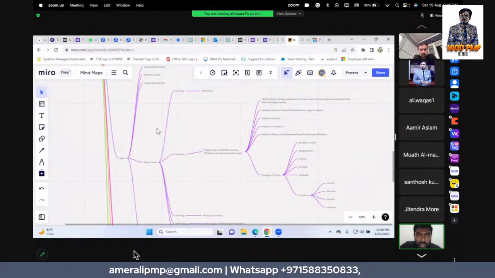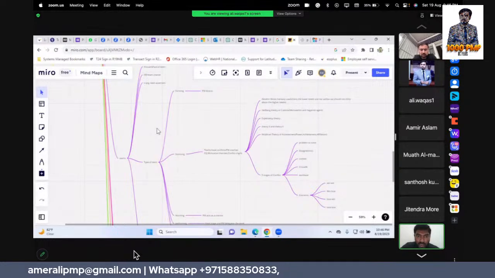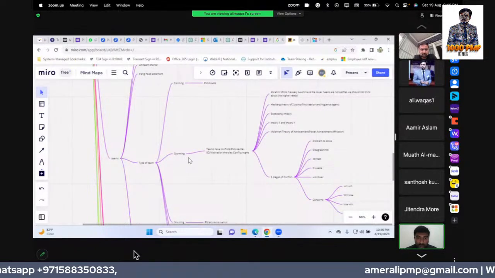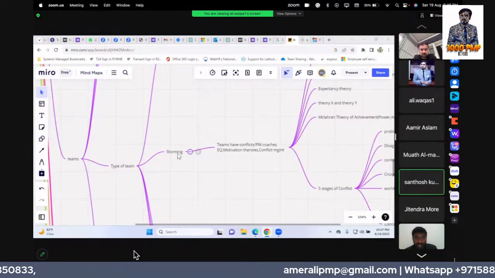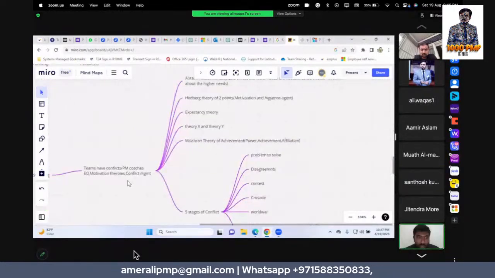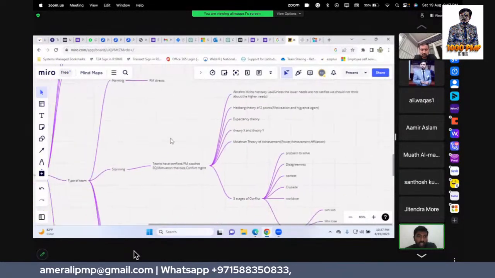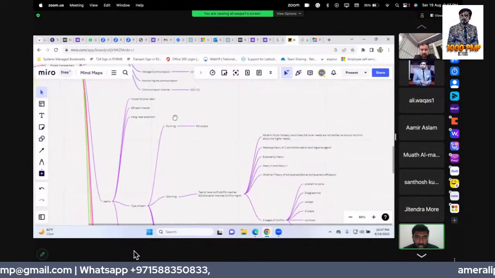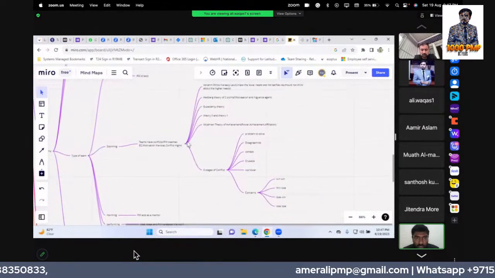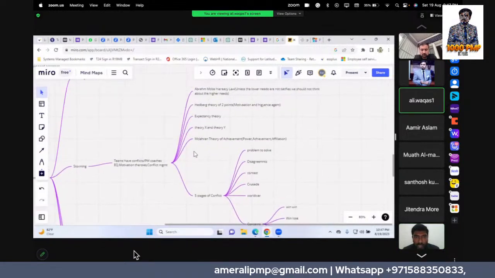One is forming, which needs project manager direction. Then storming, where the team has conflict, and the project manager acts as coach, with emotional intelligence, motivation, and conflict management.